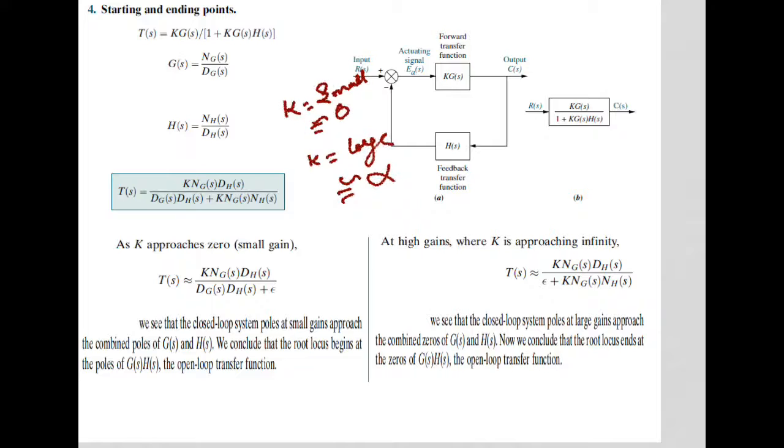It means the root locus starts at the poles of G(s) and H(s) and ends at the zeros of G(s) and H(s). The root locus begins at the finite and infinite poles of G(s)H(s), and ends at the finite and infinite zeros of G(s)H(s).